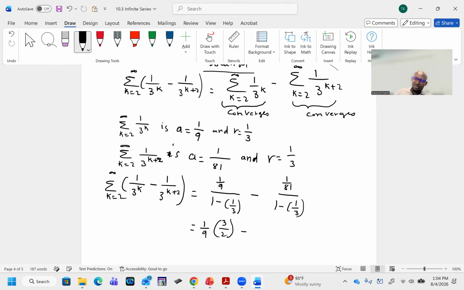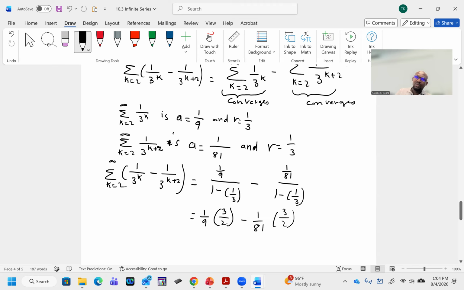Same thing, 1 over 81 times 3 divided by 2. Keep simplifying and combine. So this one would be 1 over 6 minus 1 over 54, which will give me 4 divided by 27. And that's it.